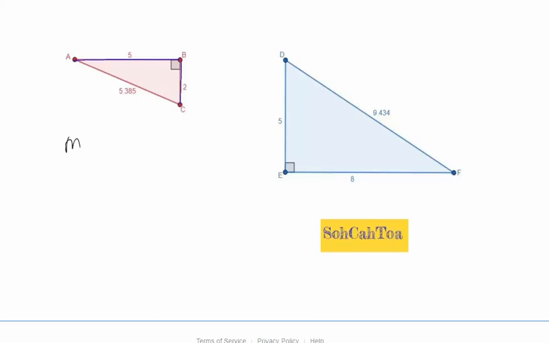If I want to calculate the measure of angle A, and I'm looking at my red triangle here, I would suggest that when we're thinking of our trig functions, you would probably want to use tangent, because our opposite side right here is a whole number, and our adjacent side is 5, which is also a whole number in our picture.